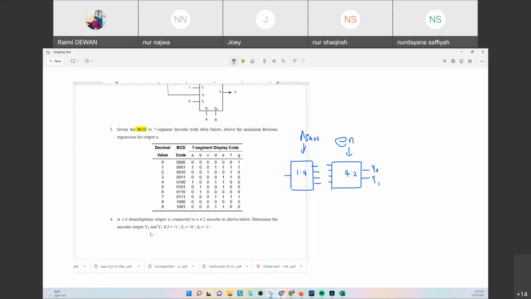Determine the encoder output Y0 and Y1 if I equals 1, S1 is 0, S0 is 1. So we have the selector S1, S0.